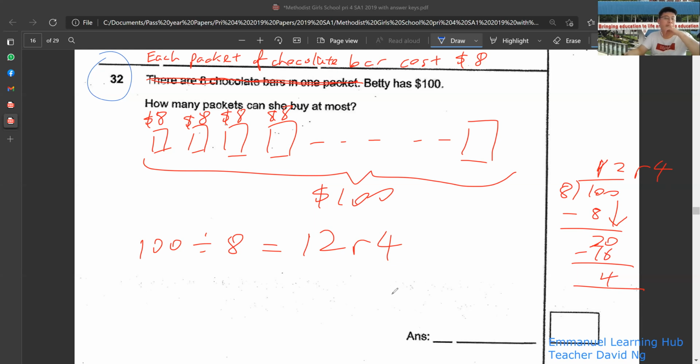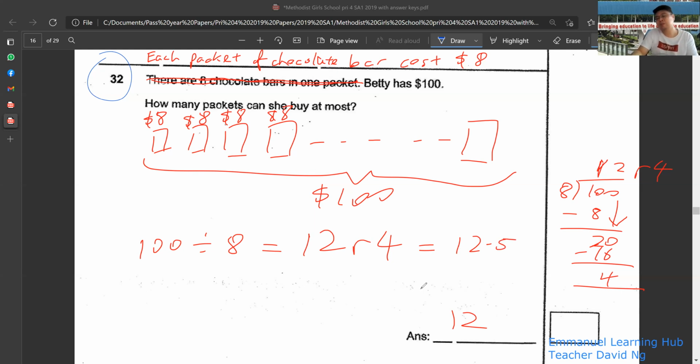So how many chocolate bars can she buy at most? 12 chocolate bars at most, not 13. Because here you actually get 12.5, remainder 4.